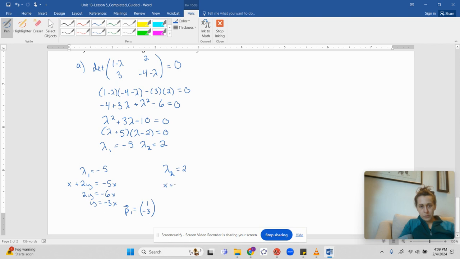Lambda 2 is 2. So that's x plus 2y equals 2x. 2y equals x. Yeah, just x. So when x is 1, y is 2. Did I do something wrong here?